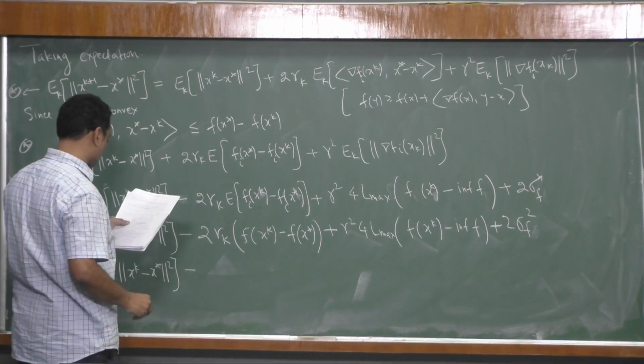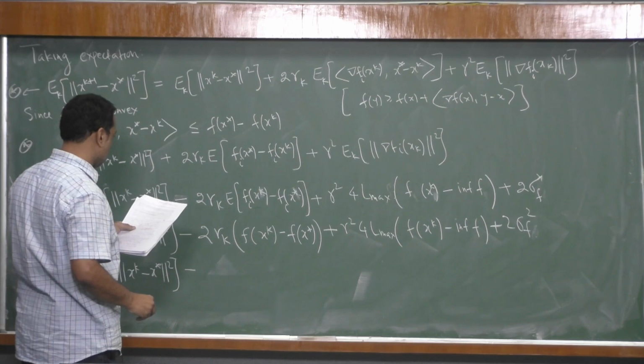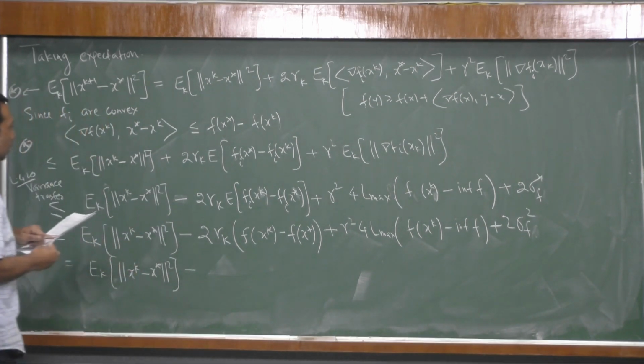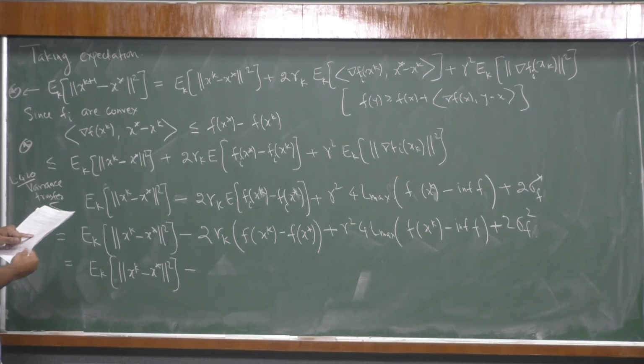After doing this, how come 2 gamma k shows up here? Okay, they have split the 4 into 2, that's fine.